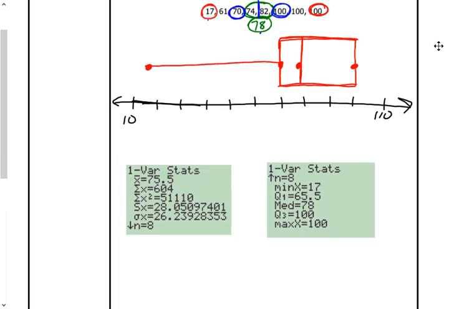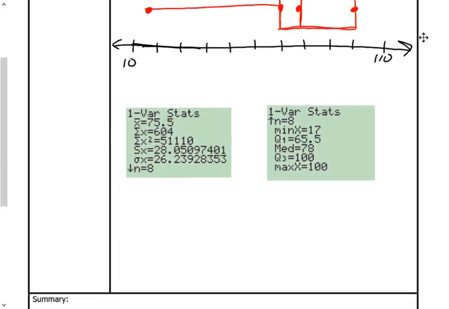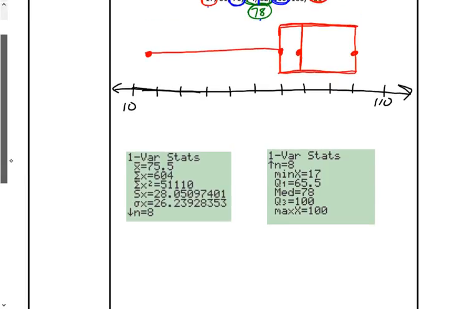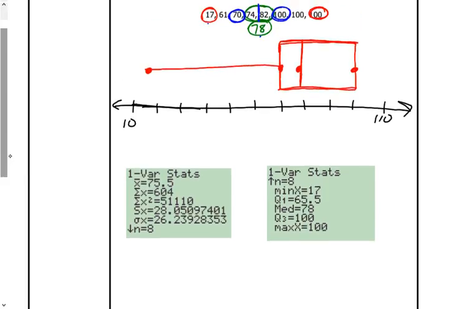I'm going to go through all of these because this will kind of segue, and it's good to understand this menu. But I think you can probably see what's going on. Here's my minimum, median, maximum, Q1, and Q3. So right there is my 5-number summary.